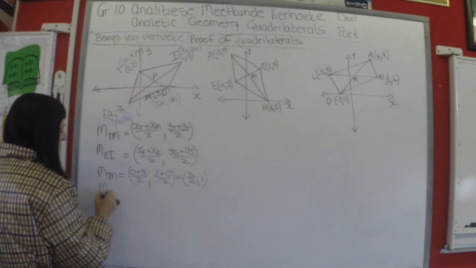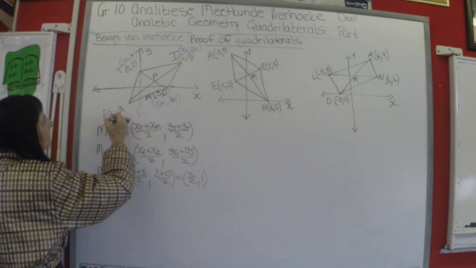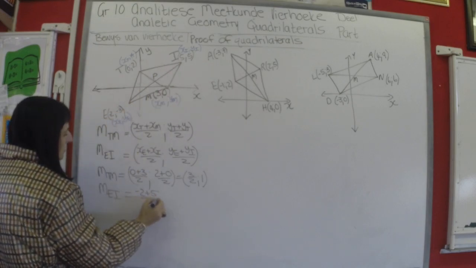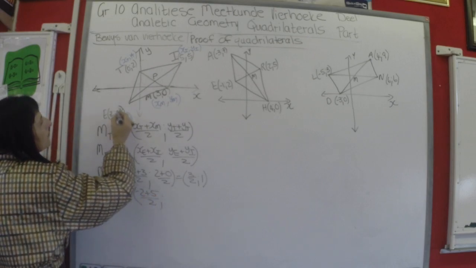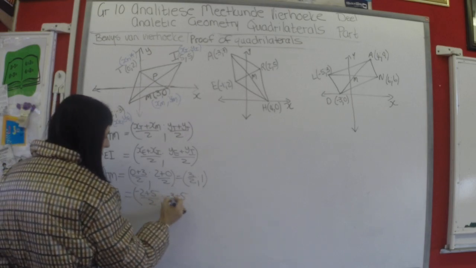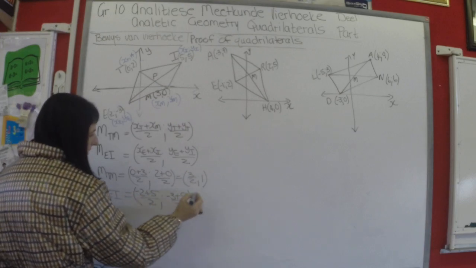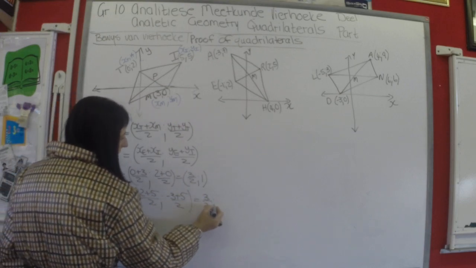So my midpoint of EI, I'm going to do exactly the same. Minus 2 plus 5 divided by 2 and minus 3 plus 5 divided by 2. Ons kyk. Ek het 3 op 2, maar sy, en ek het 2 op 2 wat 1 is.